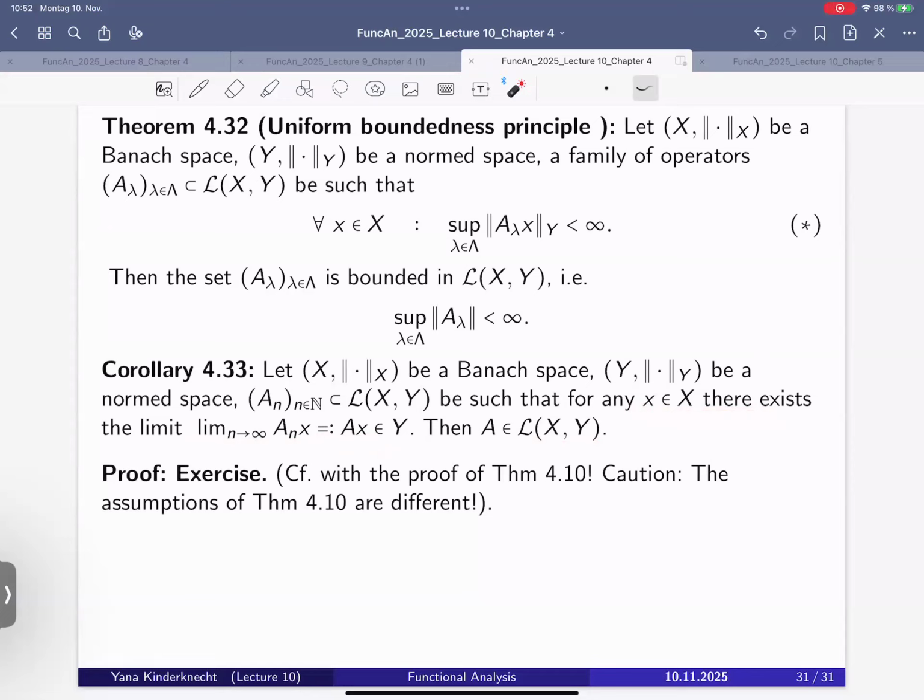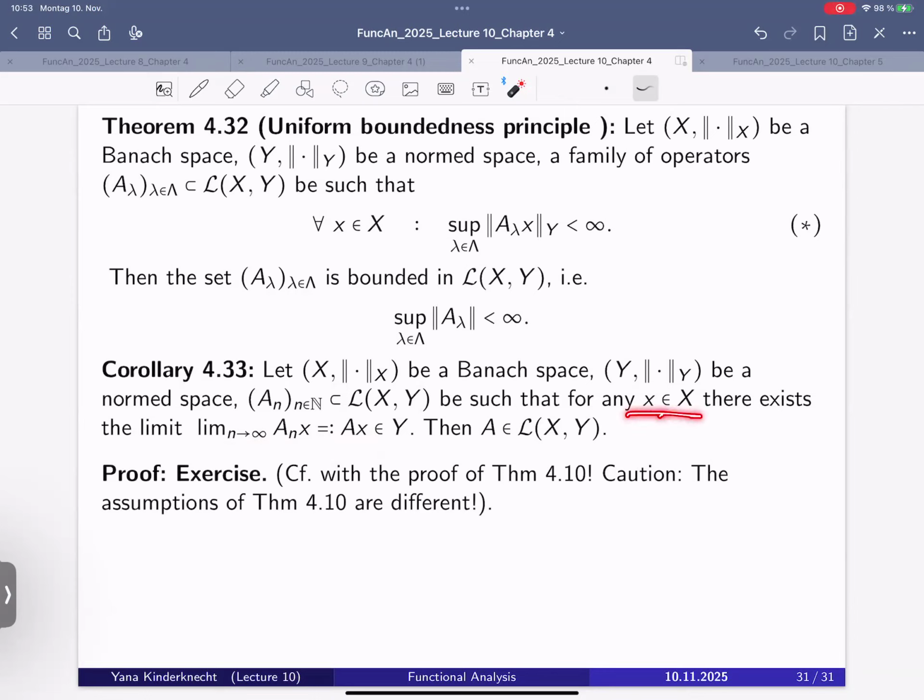Now recall that in Analysis 1, there is a statement that if we have a sequence of continuous functions which converges uniformly, then the limit is again a continuous function. Here we don't need any uniform convergence. Uniform convergence here would be the convergence in the operator norm.